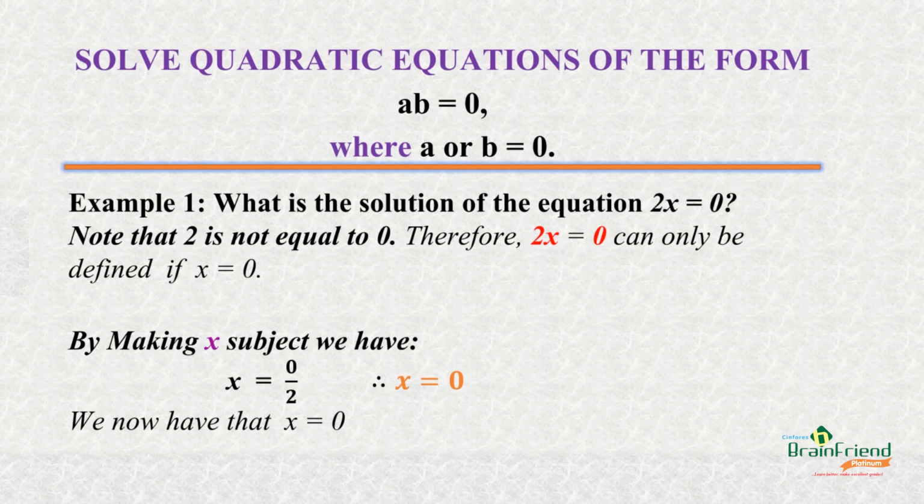Therefore, 2x equal to 0 can only be defined or valid or true if x is equal to 0. That means by making x subject, we would have that x is equal to 0 divided by 2. That implies that x will be equal to 0. Please don't forget, whenever you divide 0 by any number, the answer must remain as 0. So we now have that x is equal to 0.